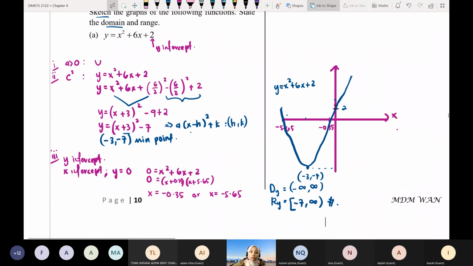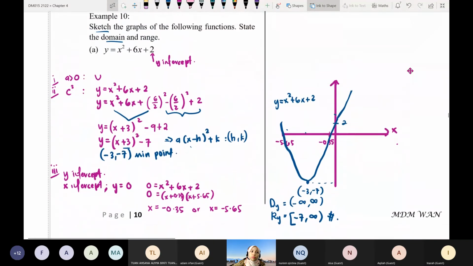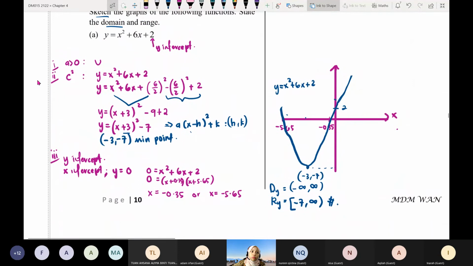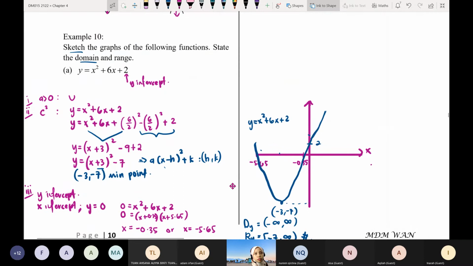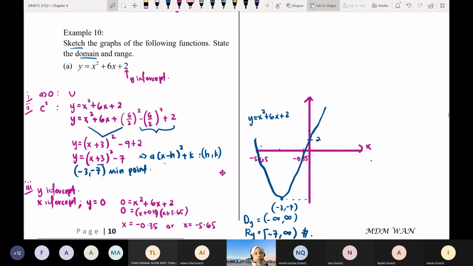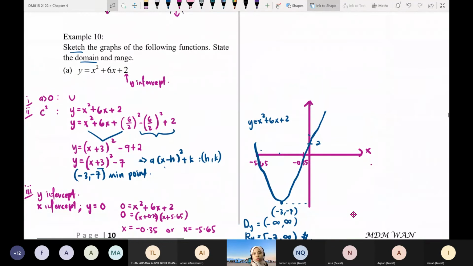So I think this is important. Sekejap I nak screenshot, takut lupa dah. Itulah range, tulis kat sebelah lah.